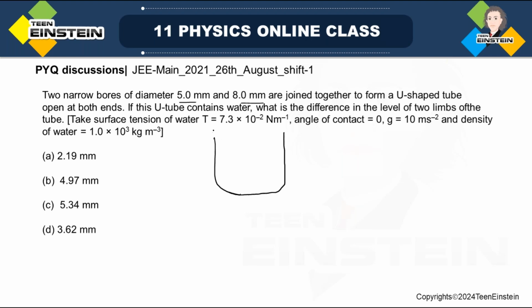Kind of like this. So two narrow bores, one diameter 5 and another has diameter 8, like this. You just take this as a representative figure. This is not very artistic.